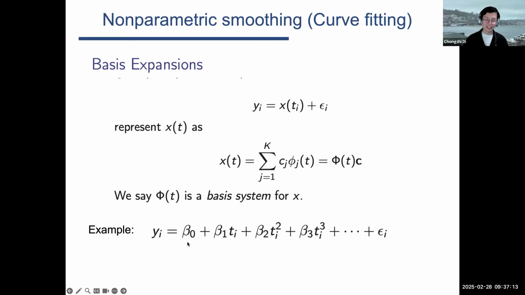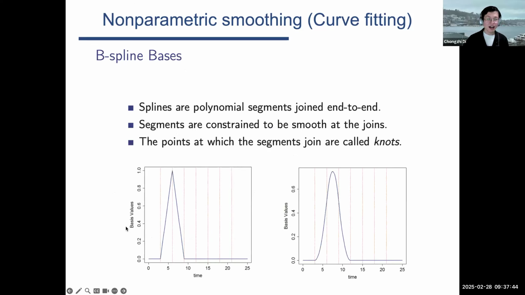In this case, the intercept, which is 1, t, t squared, t cubed, will become a basis. In general, you can choose other types of basis as well. The point is, each basis represents particular types of shapes. If you use a combination of basis functions, you allow a very flexible family of possible shapes.